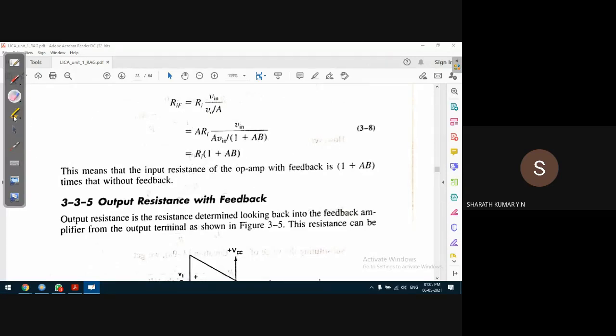This means the input resistance with feedback is 1 plus AB times that without feedback. Without feedback, input impedance is Ri. With feedback, it is multiplied by 1 plus AB, a very large quantity.